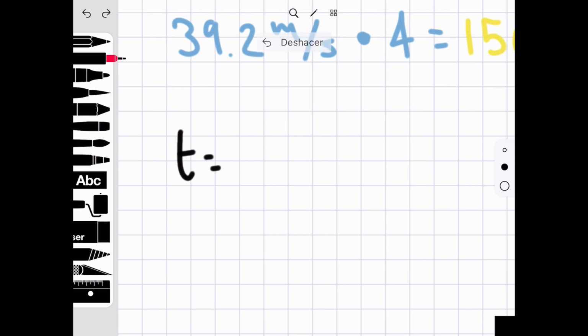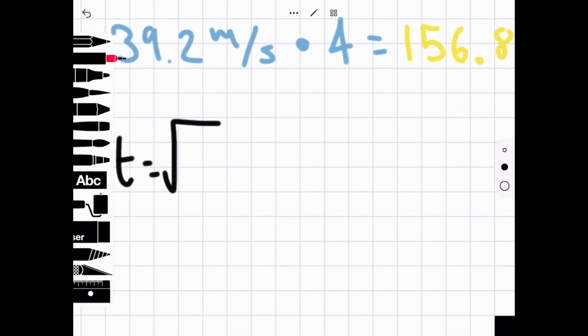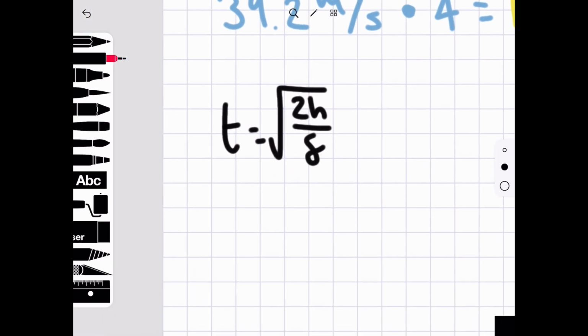Okay, so the first thing that we're gonna do is take the time, and the time we know that is the root of 2 times height divided by gravity.